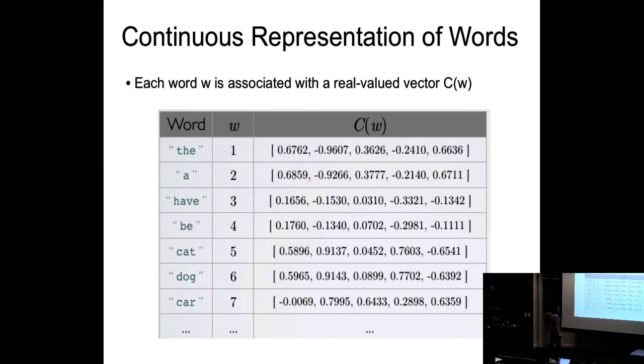So now every single word is represented in a vector space. The big question is, how do you actually learn these representations?